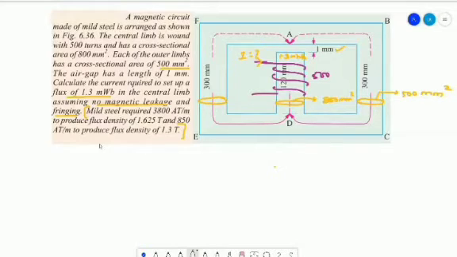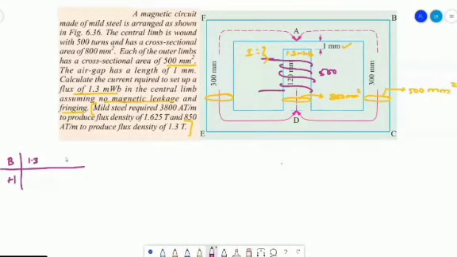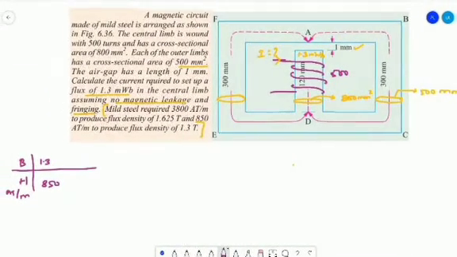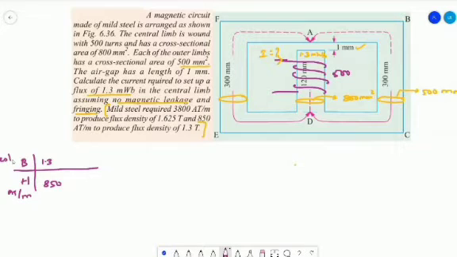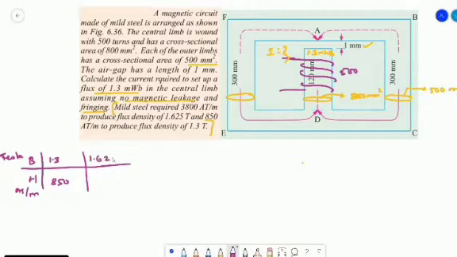I'm going to write this, whatever is given. So for B of 1.3 Tesla, I have H to be 850 ampere turns per meter. So this is in Tesla, and then corresponding to 1.625 Tesla, I have the H to be 3800.